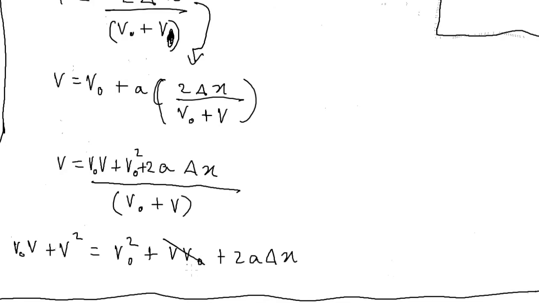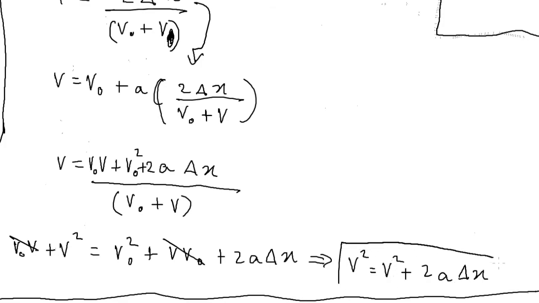Now the final velocity times initial velocity cancel out, and what you're left with is final velocity squared is equal to initial velocity squared plus 2 times acceleration times displacement. And there we have solved for the equation using algebra.